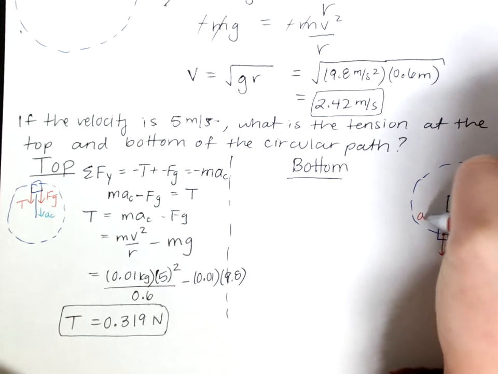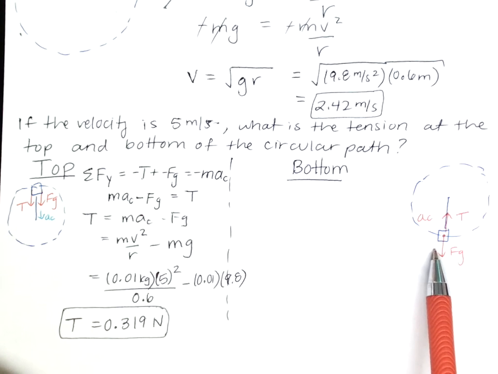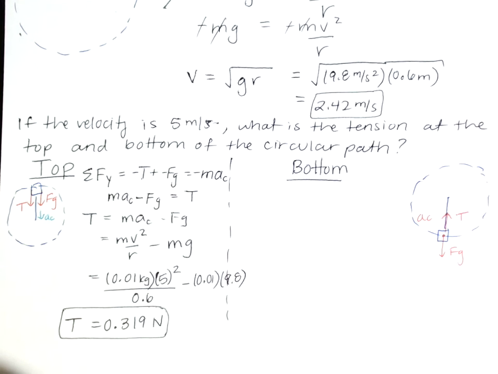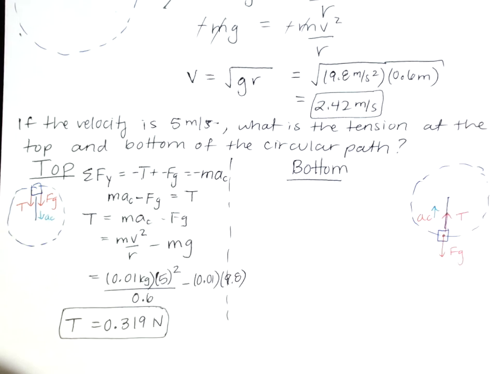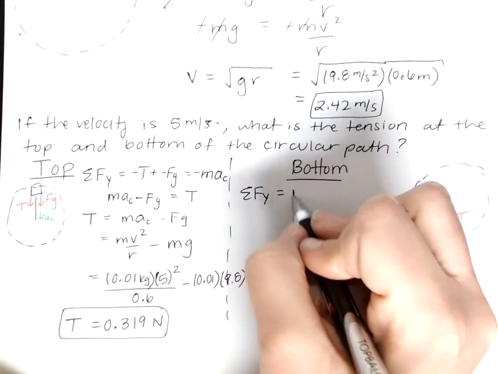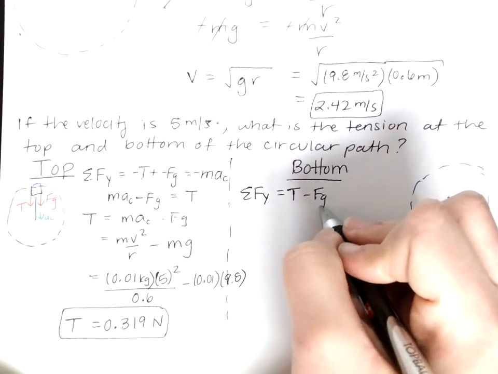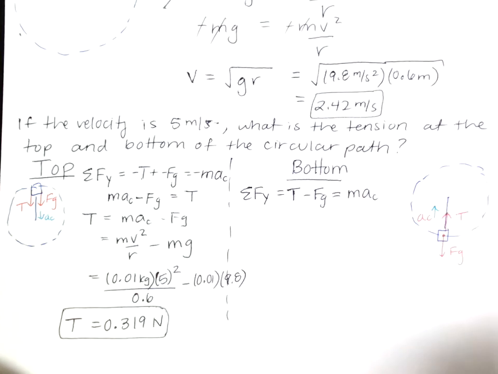So you can see that the overall net force on the object is going to decrease. Let's go ahead and write our equation. Acceleration is going upward. Tension is up, so it's positive. Fg is down, so it's negative. And acceleration is up, so we're going to say it's positive as well.